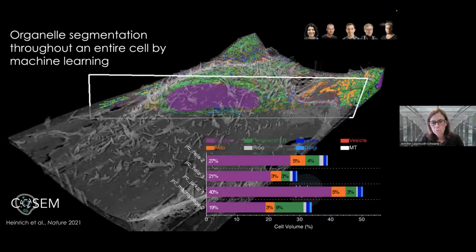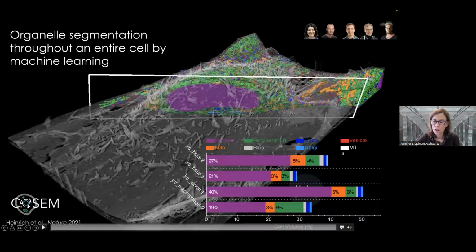Here's data from 4 different cells that have been analyzed in this way. I'm just showing a comparison of the sizes of these different organelles, including the nucleus, the ER, endosomes, Golgi, the abundance of ribosomes, microtubules, etc.